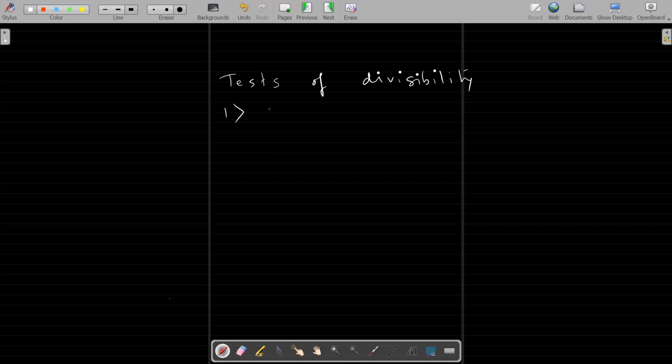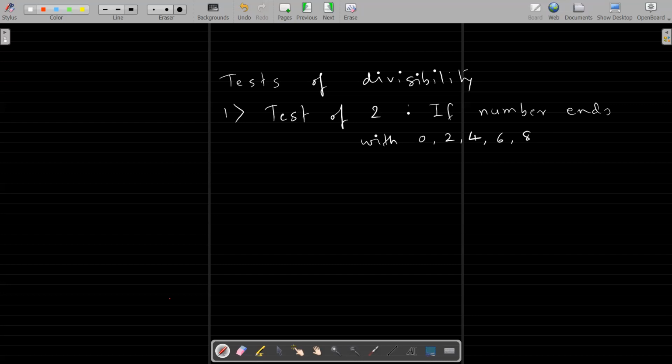For 2, the test of 2: numbers ending with 0, 2, 4, 6, or 8. If the last digit is 0, 2, 4, 6, 8. Sir, for test of 2, it's even numbers.